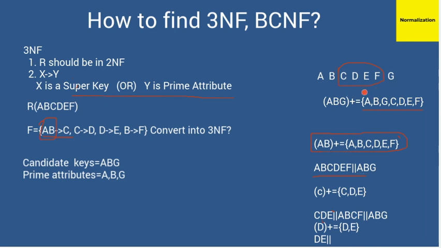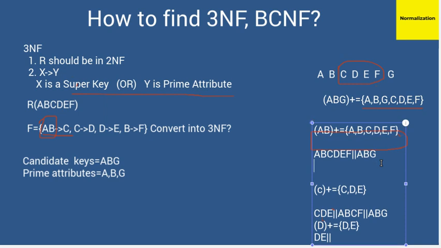So the leftover elements are in the previous table, and you have got two tables. Now you need to write all the functional dependencies coming under this. What comes under A, B, C, D, E, F? You will get AB gives rise to C, and C gives rise to D, and D gives rise to E. Is there any more?